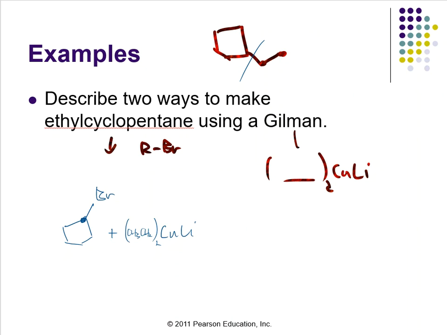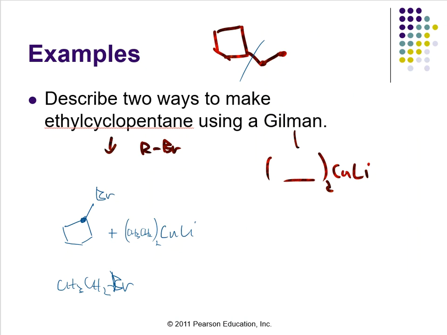So let's kind of flip the script a little bit. Notice that I took my cyclopentane ring, and my cyclopentane ring is the one that I chose to put the bromo on. Okay, well, what if I flip it? What if instead I did a CH3CH2 and put my bromine there?